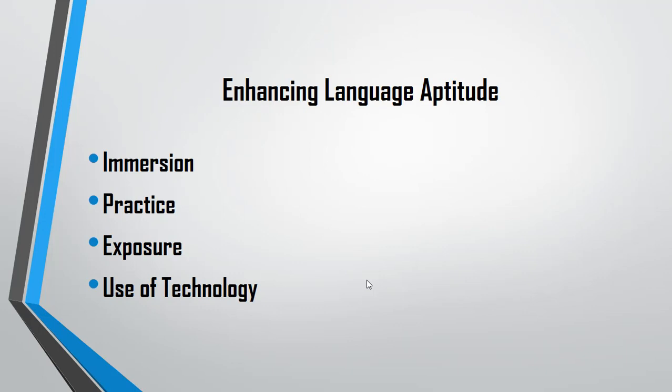And for the strategies, you can use even your TV, or you can watch movies, you can watch shows, and it will help you in learning the language, even though you are living in a non-native country. Other than this, we find practice. Of course, practice is very important.